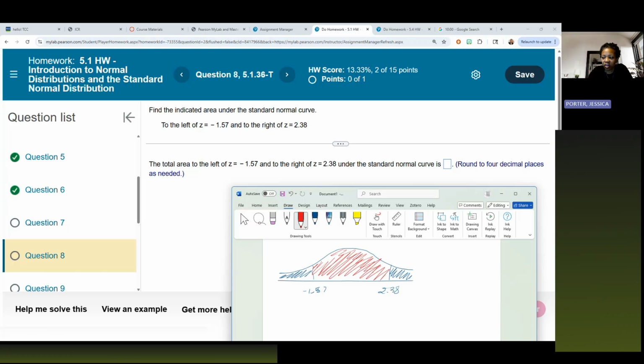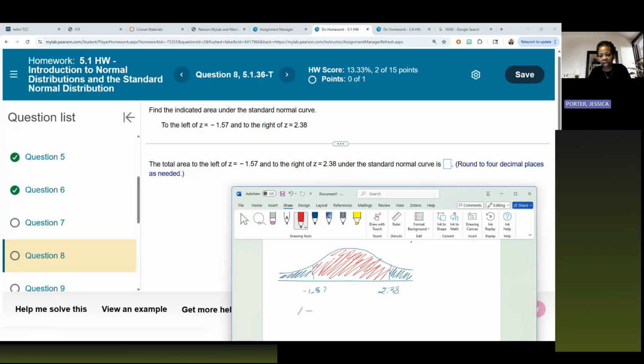There is an alternate way you could do this as well. You could find the two areas and add them together, or you could do 1 minus the between area.